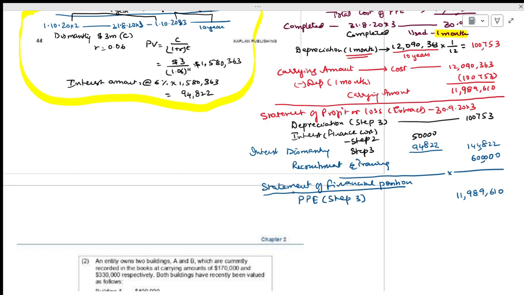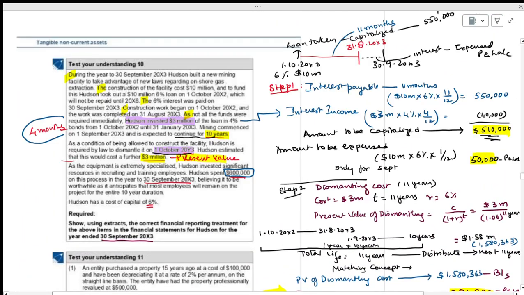Now, non-current liabilities. We have taken a loan. How much loan have you taken? The 6% loan, 10 million. We have taken a 6% loan of 10 million.